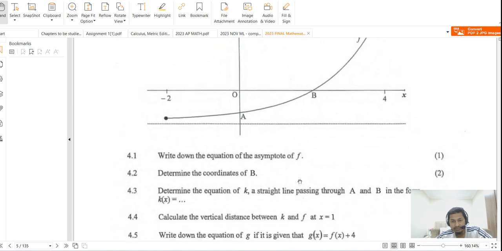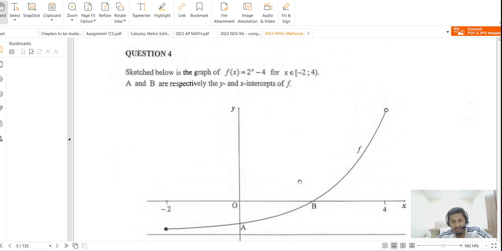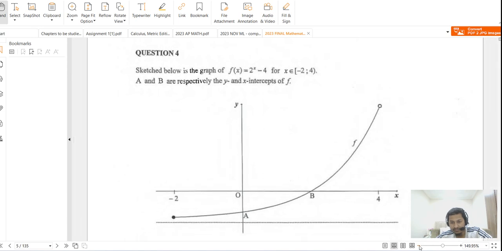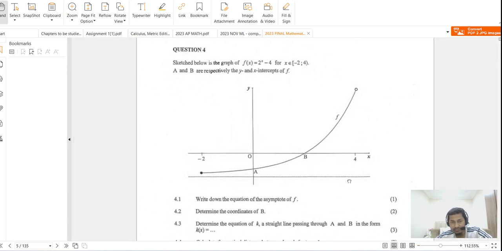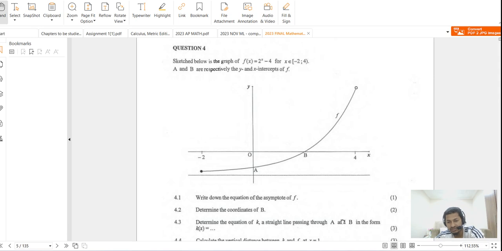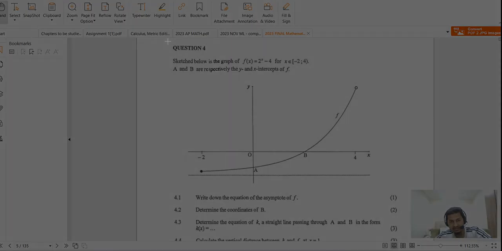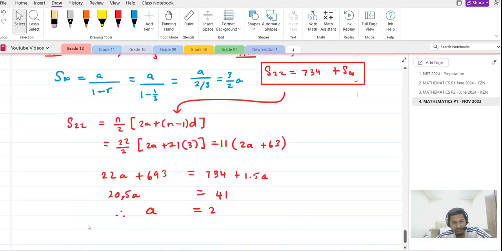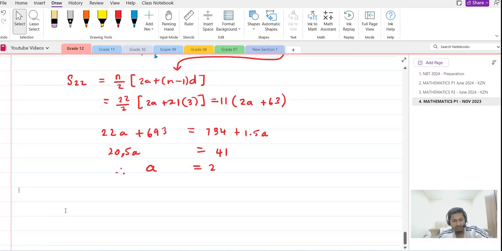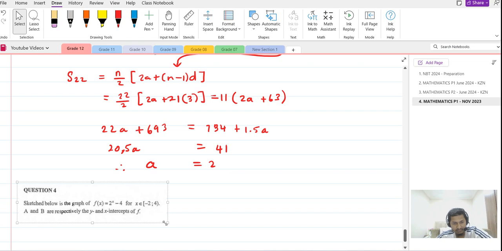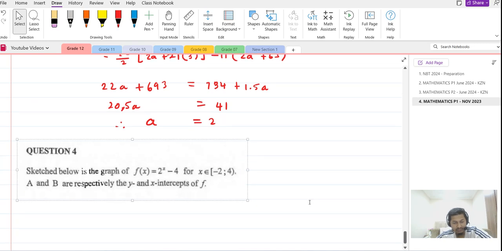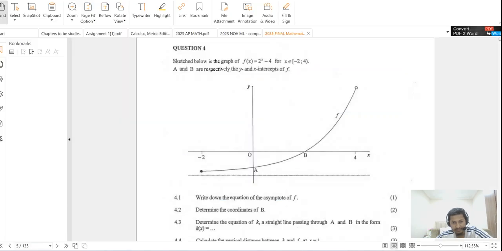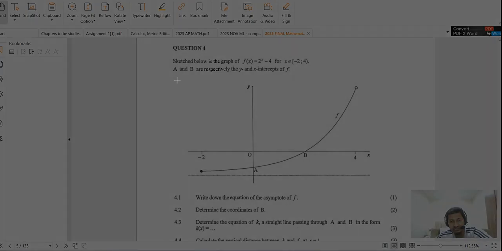Alright, so we have a question on functions now, question 4. Let's take this in separate parts because I like to explain this to you guys. So this function looks like an exponential function, yes, and it is, right?